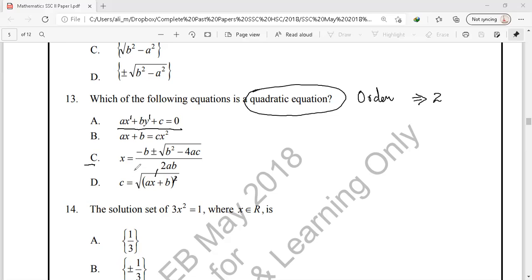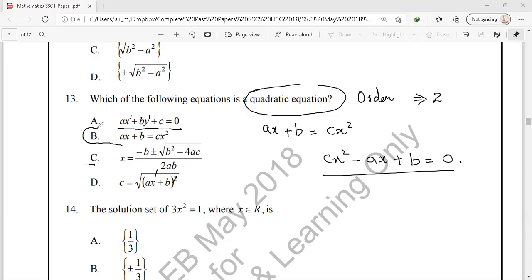So we will have two values from this expression, but the quadratic form of the equation is in option B. We can write this equation as ax plus b is equal to cx square. So cx square minus ax plus b should be equal to 0. So this is the correct standard form of the quadratic equation. So we have option B, that is the correct answer for question number 13.